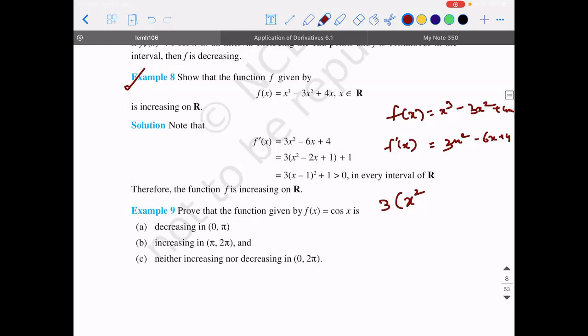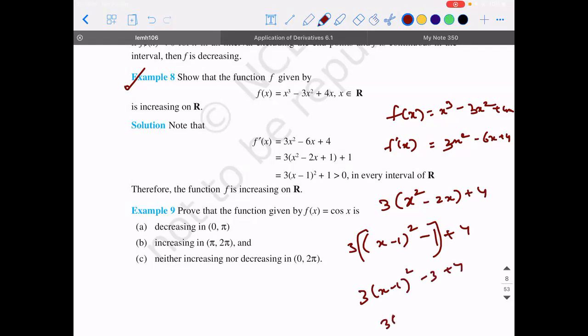So 3 into x square minus 2x plus 4. So 3 into, can I write this as x minus 1 the whole square minus 1 plus 4. So 3 into x minus 1 the whole square minus 3 plus 4. So 3 into x minus 1 the whole square plus 1.